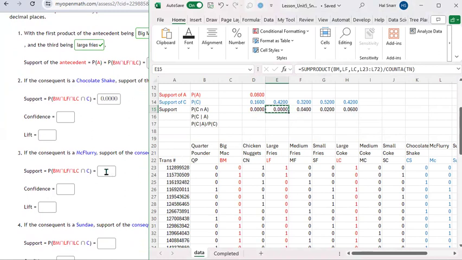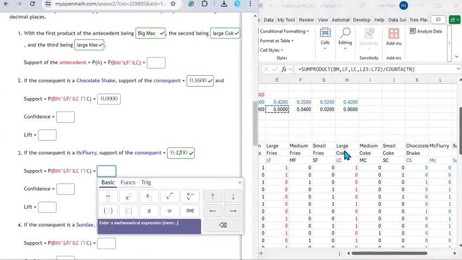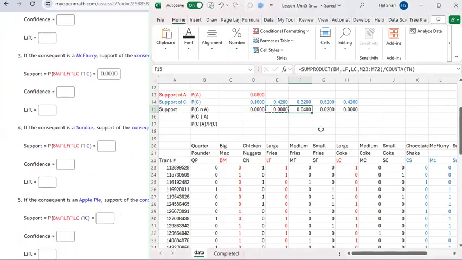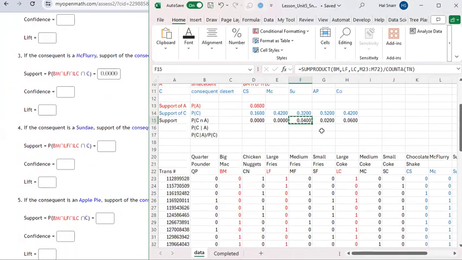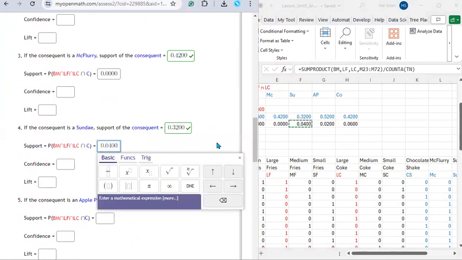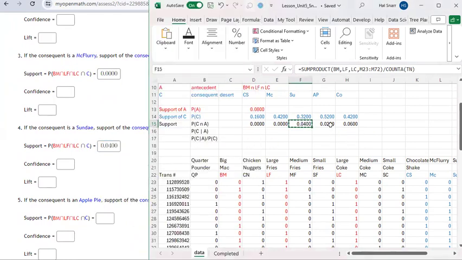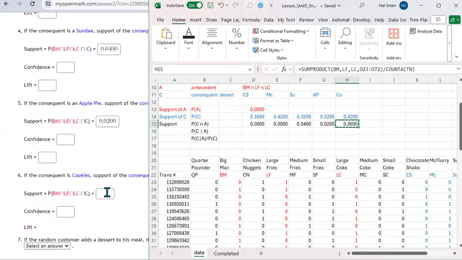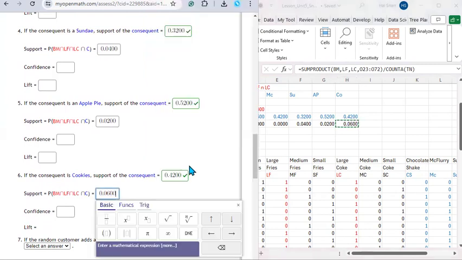It's 0 for the Big Mac meal and the McFlurry. It's not 0 for the Big Mac meal and the sundae. It's 0.0400. It's 0.0200 for the Big Mac meal and the apple pie. And the support for the cookies and the Big Mac meal is 0.0600.